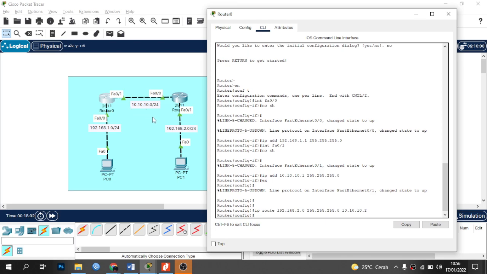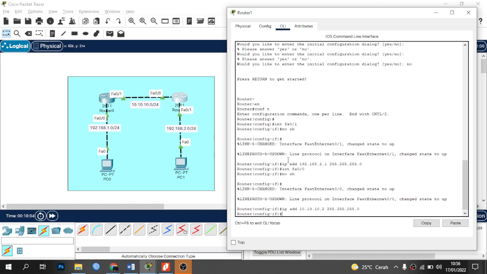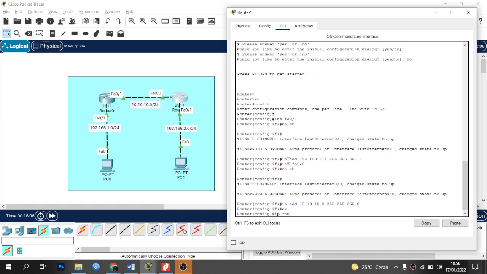Then the configuration: exit, ip route, subnet mask, and gateway IP of interface FA0/1 in router 0.